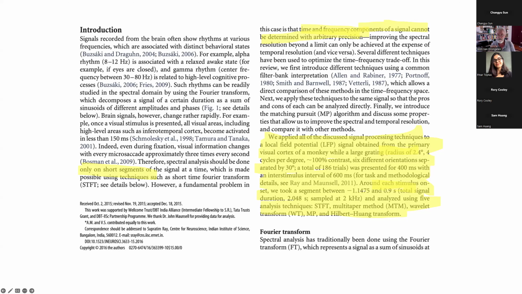What they do, as highlighted here, is they have LFP recordings from the visual cortex. They do more or less an evoked potential. They stimulate every 600 milliseconds and present a stimulus for 400 milliseconds.